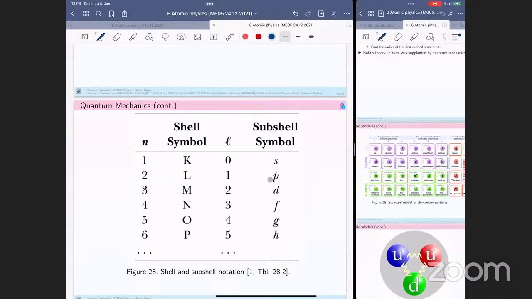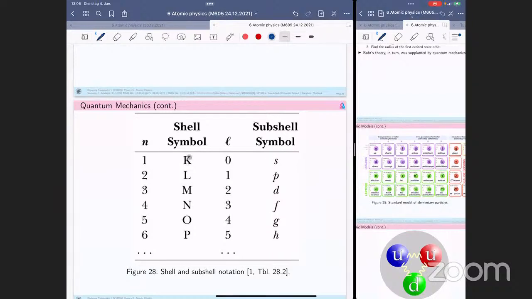When they say P, it means that our L is equal to 1. S, P, D, F, G, H. I don't know the reason why they don't use the alphabet in order, right? It should be A, B, C, D, E, F, G, H. I don't know. They just simply use S and P, D, F, G, H.